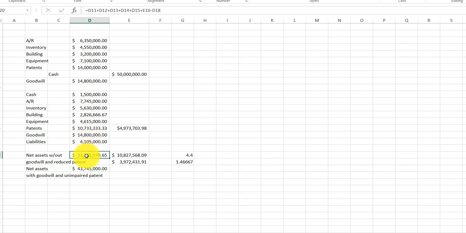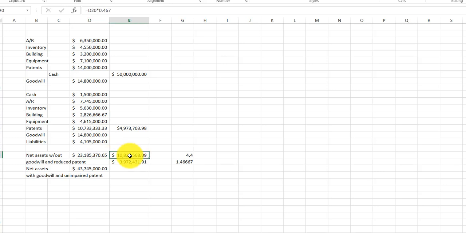This is with ignoring goodwill for a minute and taking the patent down to the 5 million. So this is, you see up here, the formula. All right. So what's going to happen is our net assets, if we don't consider goodwill for a minute, is 23 million. Because that's what we're really trying to figure out, is how much the goodwill is now.